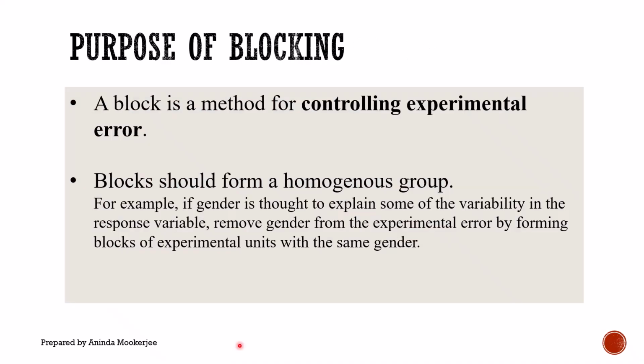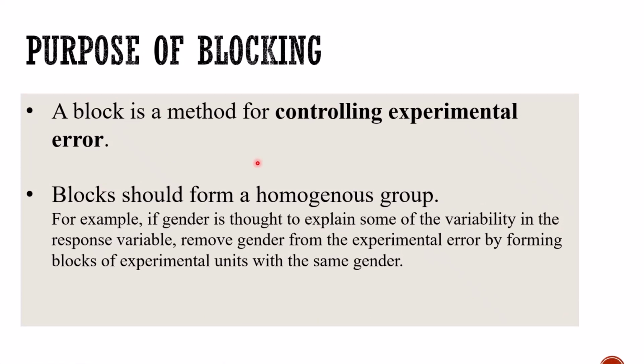So now that we know that a block is a method for controlling experimental error, it is extremely important to make sure that the blocks that are created form a homogeneous group based on the variable that might influence the results of the experiment.